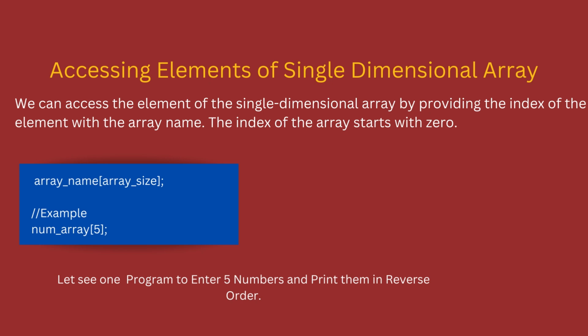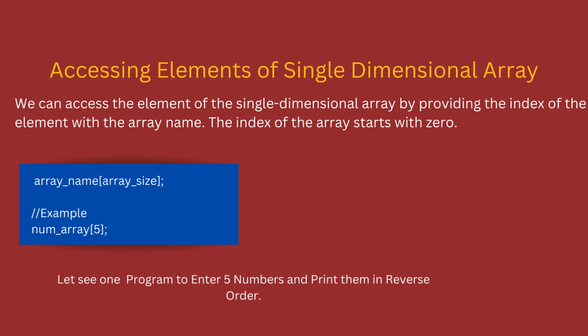If we start our indexing with 0, then it will be on the fourth index. So it depends on where we are starting our indexing, like 0 or 1. So simply we can write the array name and the index value of the element we want to access or print, within the array size.